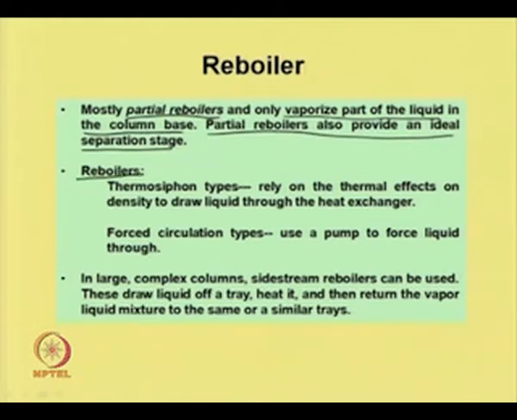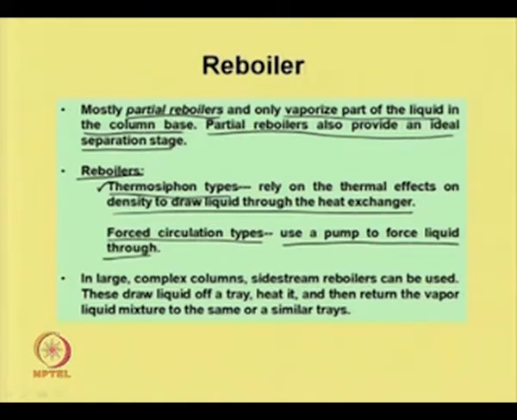The reboilers are of different types. One is the thermosiphon type, which relies on the thermal effects on density to draw liquid through the heat exchanger. So, one is the thermosiphon type and another is the forced circulation type, and it uses a pump to force liquid through.